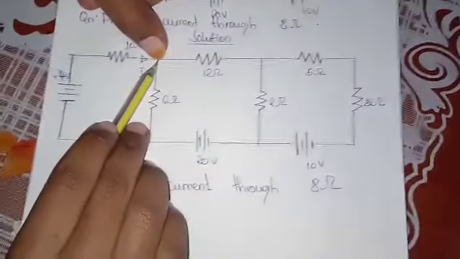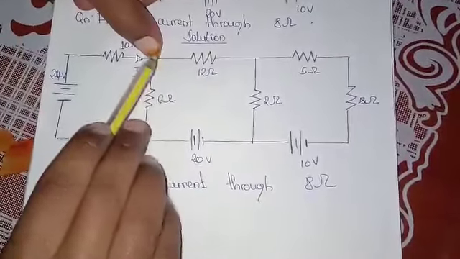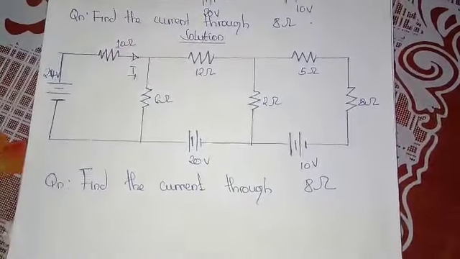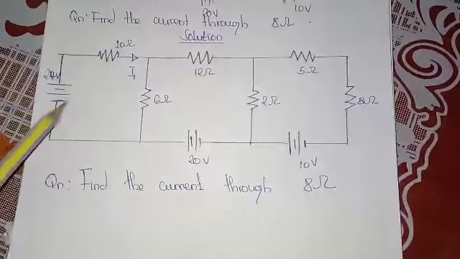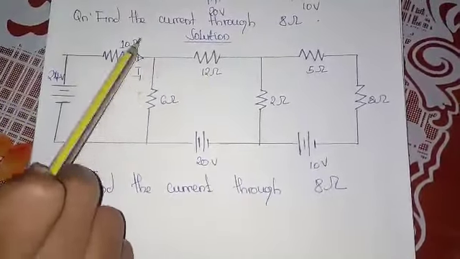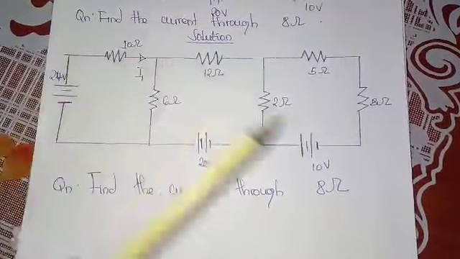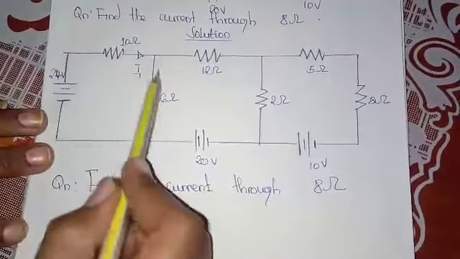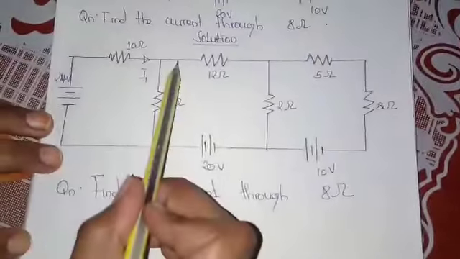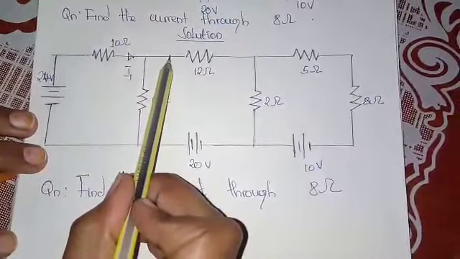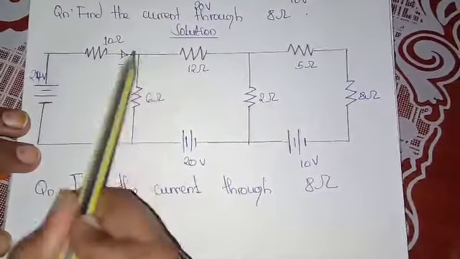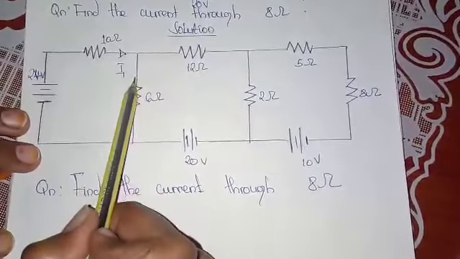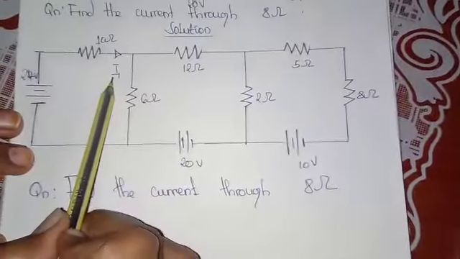Here the current will be dividing, and basing on Kirchhoff current law, which says the sum of the current entering and leaving the junction will be equal to 0. It means the current at the junction is 0. Therefore, the sum of the current which will go this side and the current which will go this side will be equal to current 1.